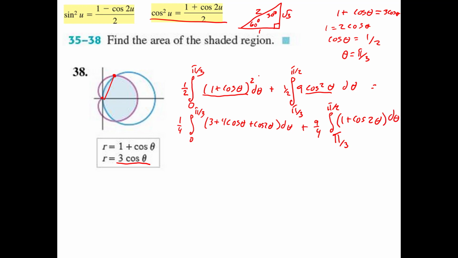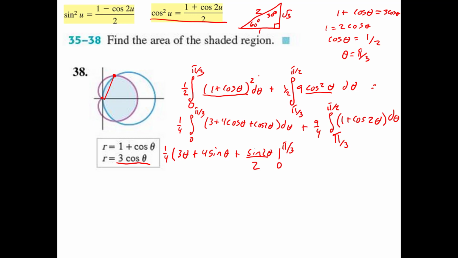D theta. So then this will become 1/4. The antiderivative of 3 is 3 theta plus 4 sine theta plus the sine of 2 theta, all divided by 2, evaluated from 0 to pi over 3.